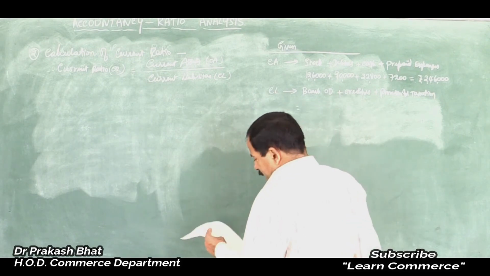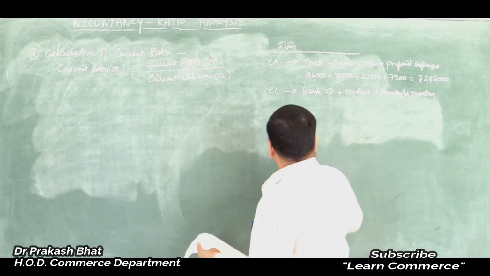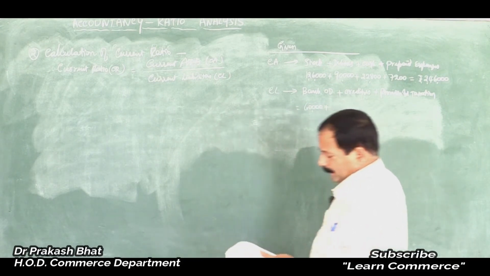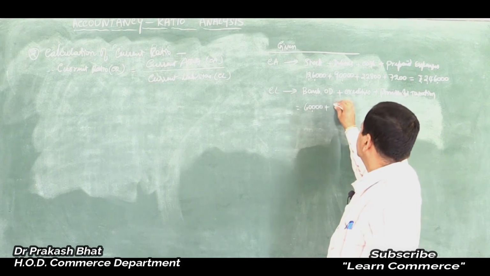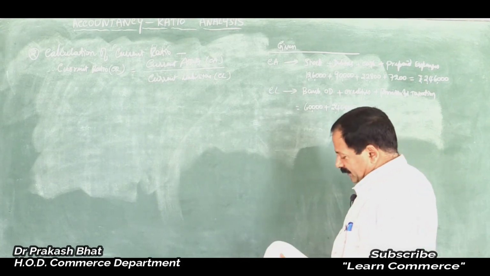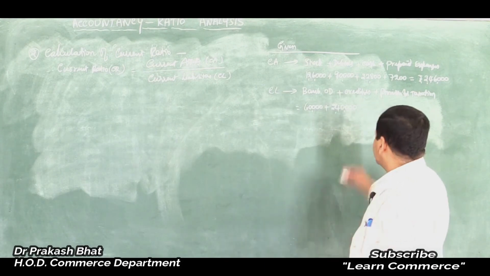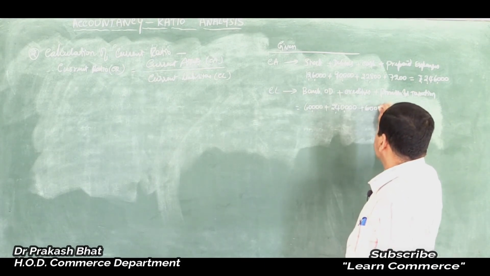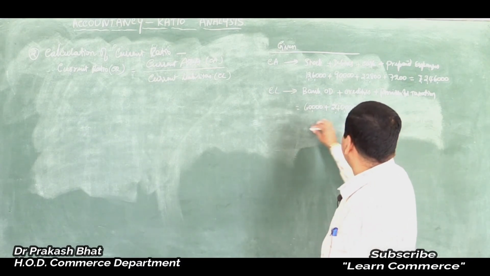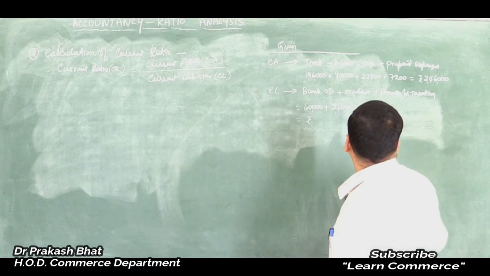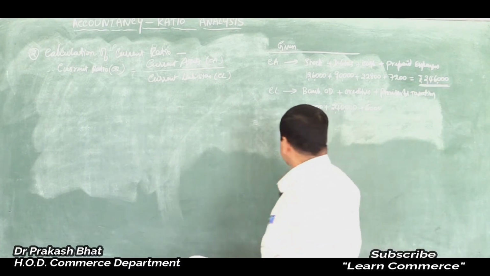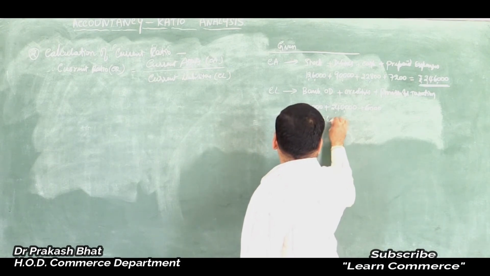Is equal to bank overdraft how much? 60,000 plus creditors 2,40,000. Then provision for taxation 6,000, right? So this is what is given, is equal to how much? Rupees 3,06,000.